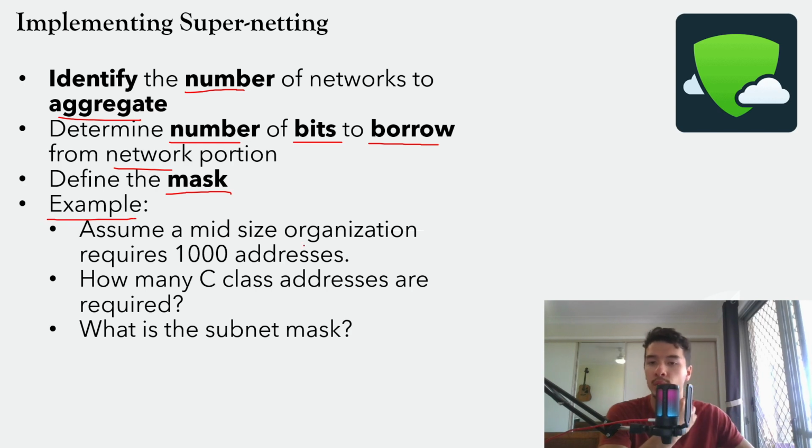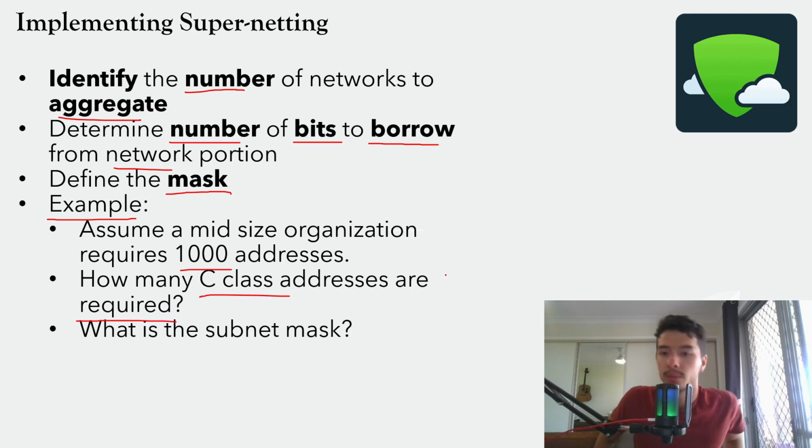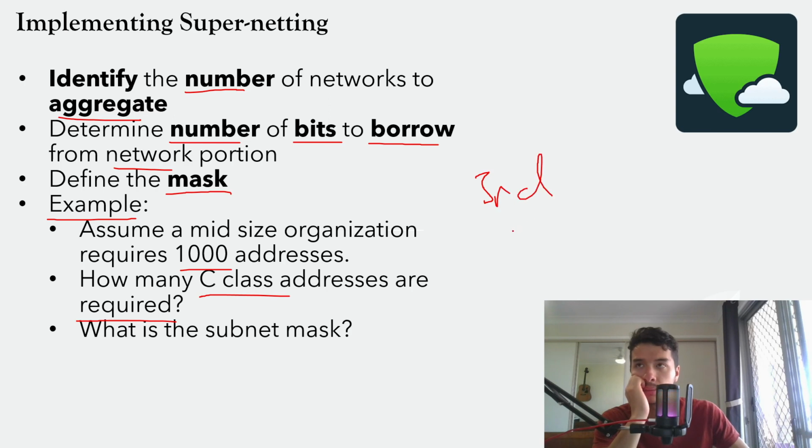Okay, let's take this example. Assume a mid-size organization requires 1,000 addresses. How many Class C addresses are required? Well, this one's a bit of a trick question. In a Class C network, the network portion covers the first three octets, so it's going to look like 1 1 1 1 1 1 1 1 for each, 8 bits, which is equal to 255.